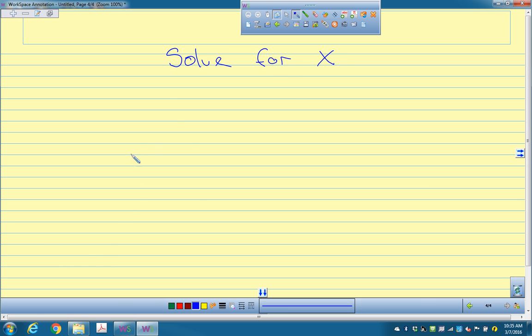Solve for x, and they'll give you natural log of x minus 3 equals negative x squared plus 4. Okay? If you see something like this, and usually they'll say use your graphing utility, which means use your graphing calculator or something like that.